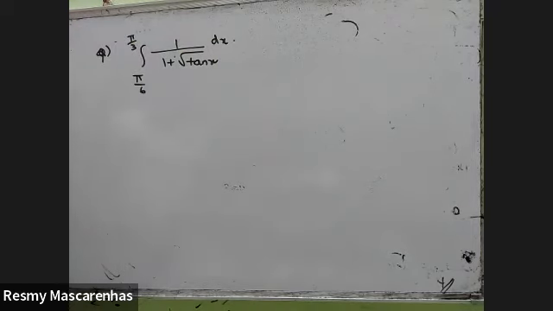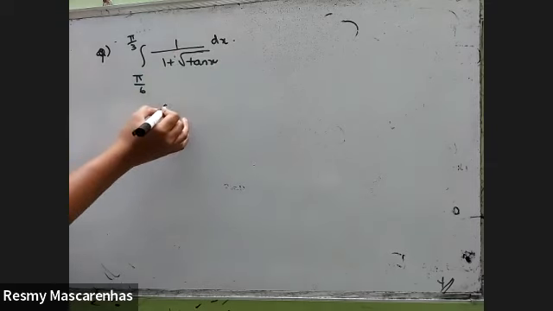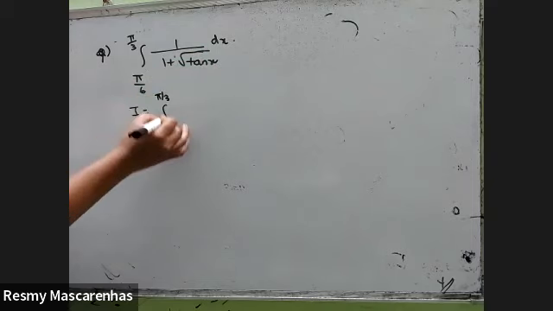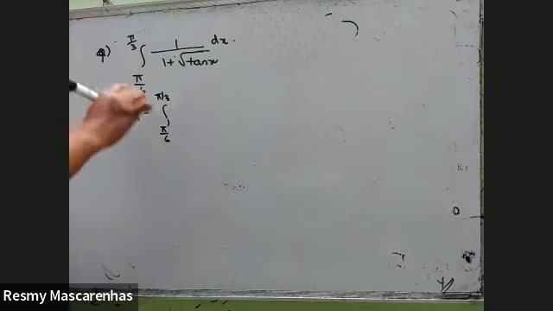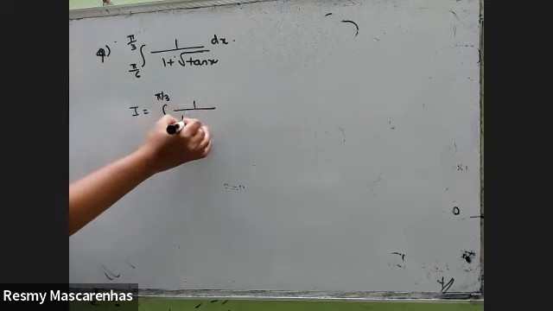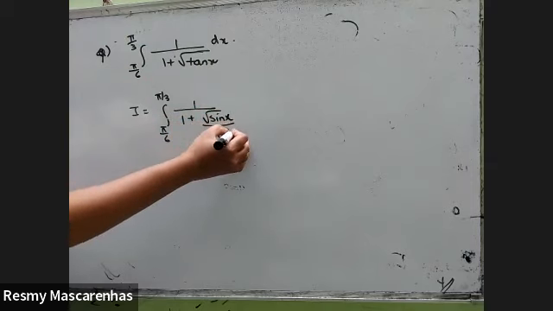Okay, before that, we just simplify this. Root tan x can be written as, from pi by 6 to pi by 3, 1 upon root sin x upon root cos x.